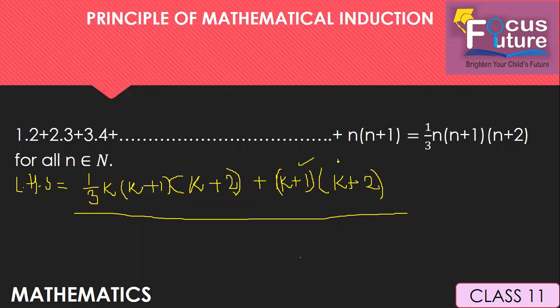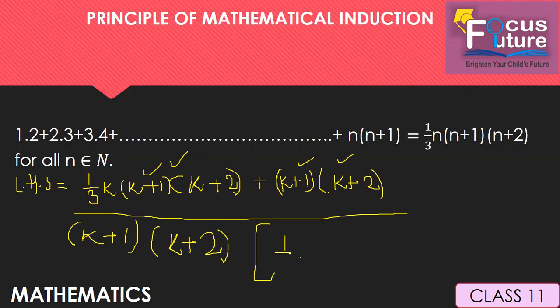Here, k plus 1 and k plus 2, both would get common out. K plus 1 into k plus 2. And inside you would get 1 by 3k plus 1.